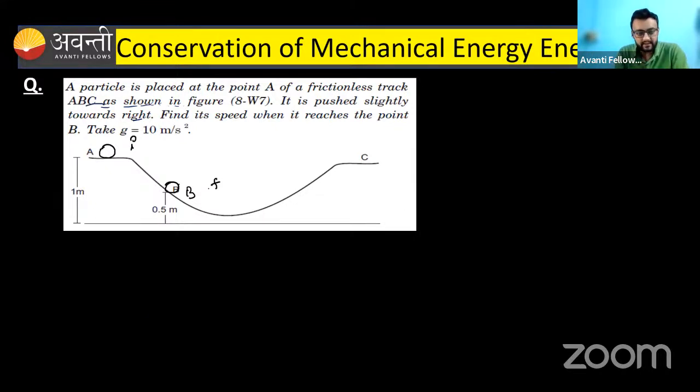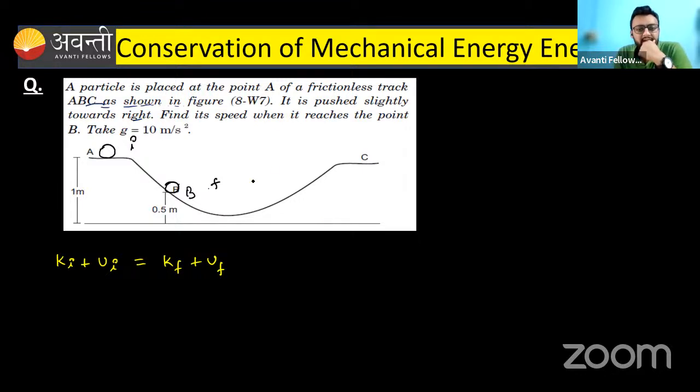What does it say? It says kinetic energy initial plus potential energy initial, this is total mechanical energy initial, is equal to kinetic energy final of the ball at B. B is our final position.